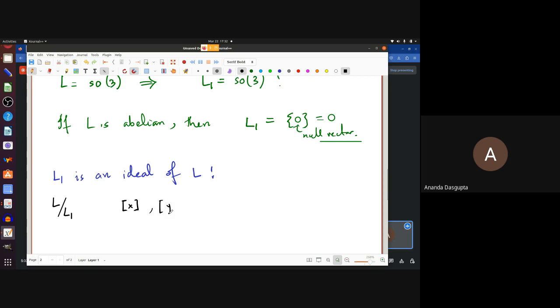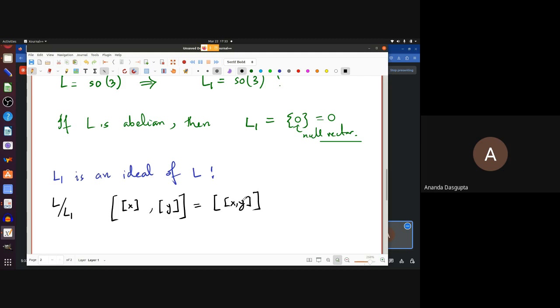I should not have used Y because I'm going to use Y as some other element. And here you have the class of Y. So these are all elements which differ from X by an element of L1, and these are all elements which differ from Y by an element of L1. And we form the bracket. Now, by virtue of the definition of a factor algebra, this has to be this.